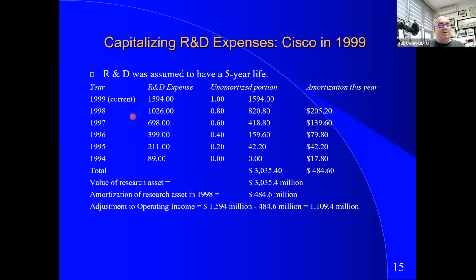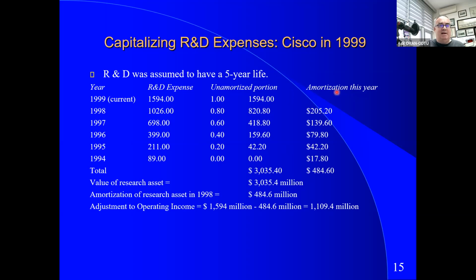For 98, the year before, this was the expenditure, and 80% of that would still exist, and some of it would be amortized each year. 97, 96, 95, 94, we don't go farther back than 94 because it would have been fully amortized by now. So even the 94 is fully amortized. The last amortization expense would have been incurred in the current 99 period.